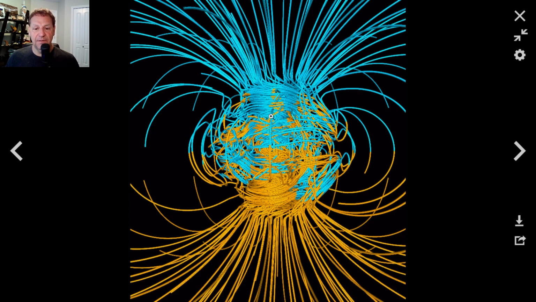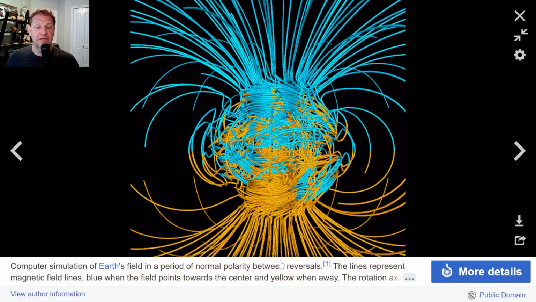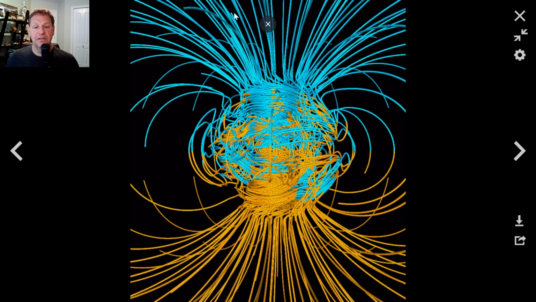Looks like a big mess of spaghetti. And then the southern pole along the bottom, the magnetic field expanding out from the southern pole in yellow, and the northern pole in the north. And that extends far out into space, and that's what forms the magnetosphere around the Earth, and that's what interacts with the solar winds.